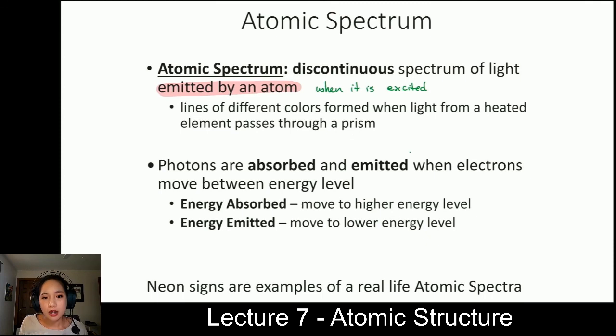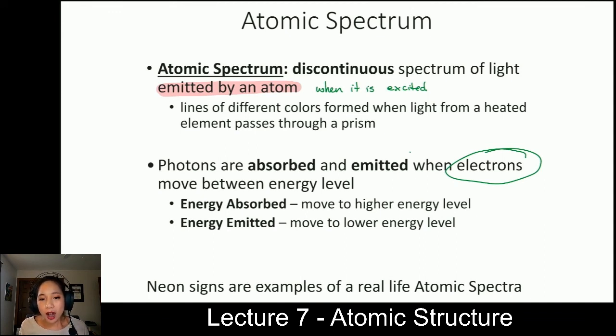The photons that you see from an atomic spectrum, like the light from the neon sign, are a consequence of electrons moving between energy levels. So finally, we're talking about electrons and the details about electrons.